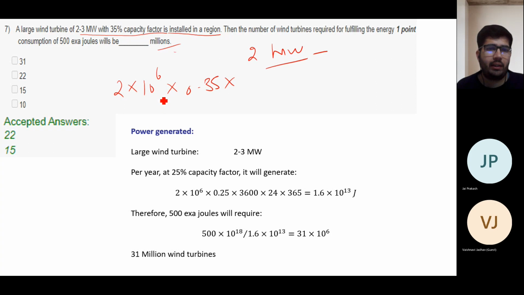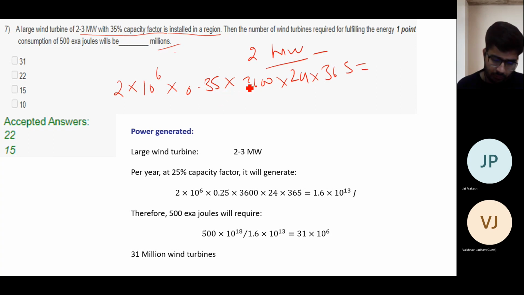Okay, so joule per second. So convert in only joules. So multiply with the number of seconds available per year. So 3600 into 24 into 365. Okay, how much is coming?